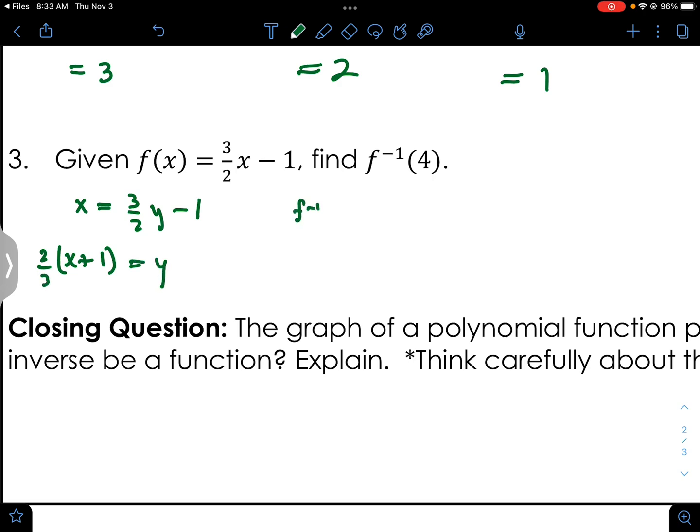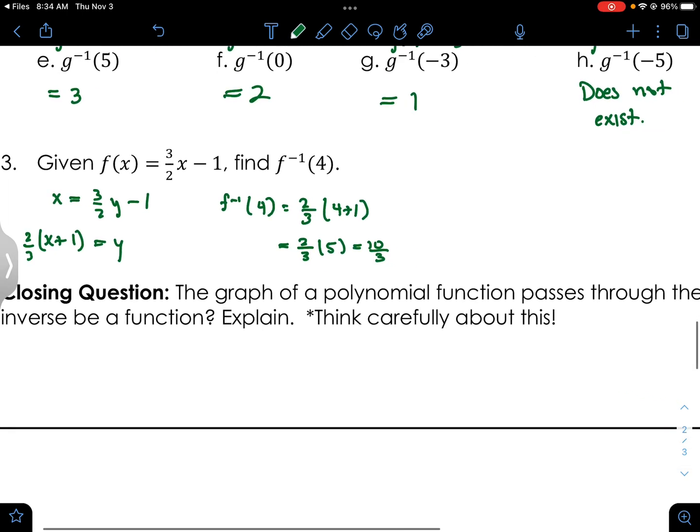So f inverse of 4 would be equal to 2/3 times 4 plus 1, which would be 2/3 times 5, or 10/3.